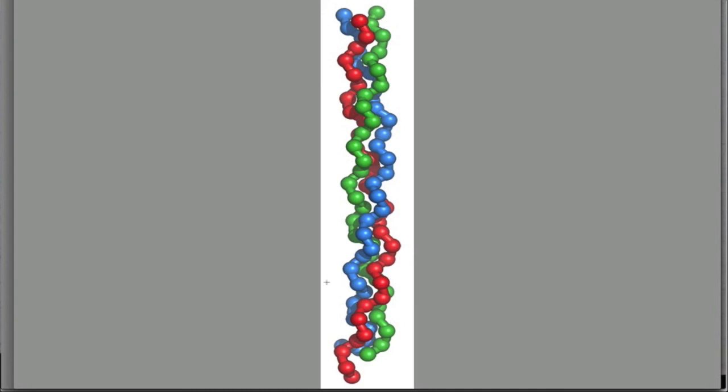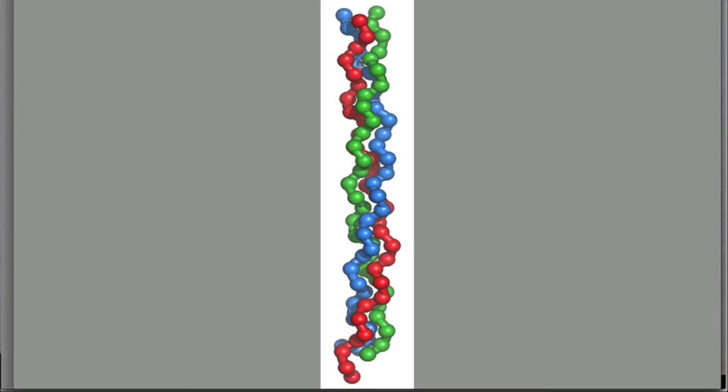Are these alpha helixes? No, because it's collagen. Now, one thing to notice is, would you agree that on the inside of this triple helix there's not going to be much room, because they're all packed in close to each other? There's not much room on the inside of the triple helix because it's all being taken up by the helix. So that's why we need all the glycines. The glycines are all facing into the interior of this triple helix.